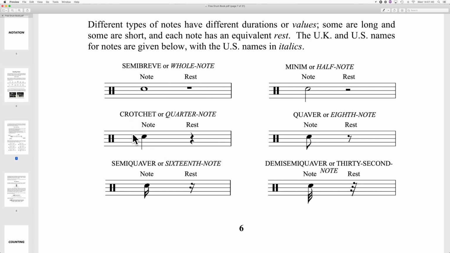Then we have a crotchet and a crotchet rest here, and the quaver and a quaver rest, semiquaver and a semiquaver rest, and a demi-semiquaver and a demi-semiquaver rest. So each of those also has an American name associated with it. We've got the quarter note for a crotchet, 8th note for a quaver, 16th note for a semiquaver, and a 32nd note for a demi-semiquaver.